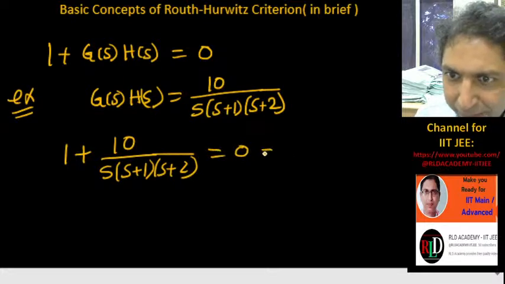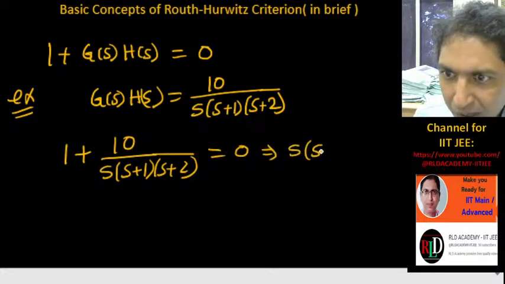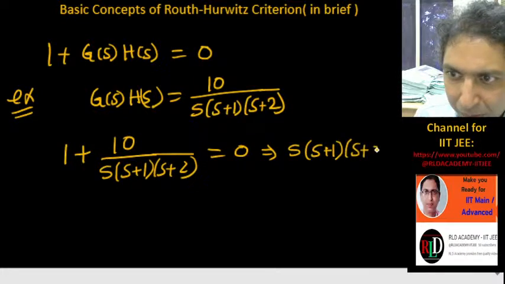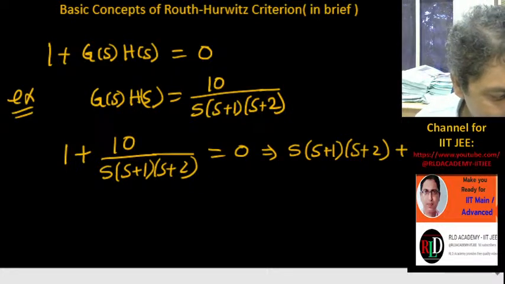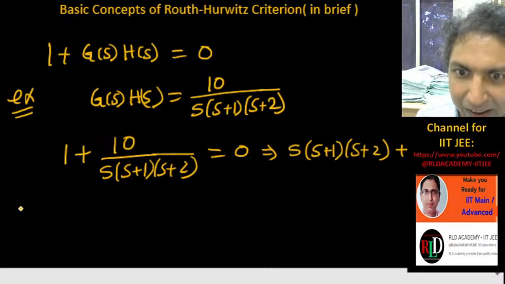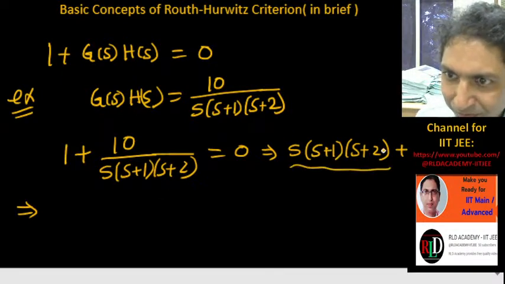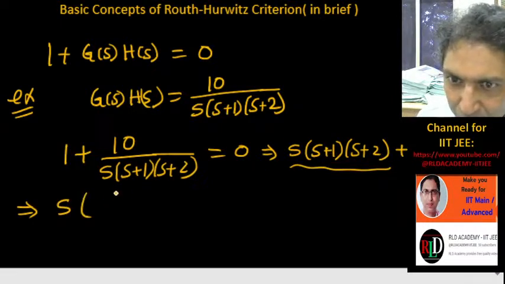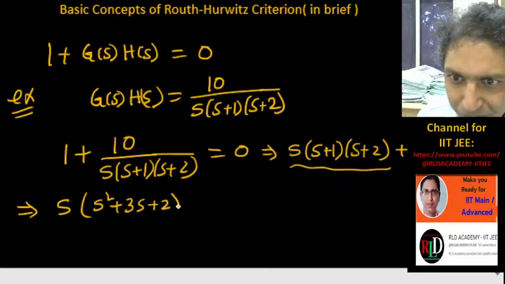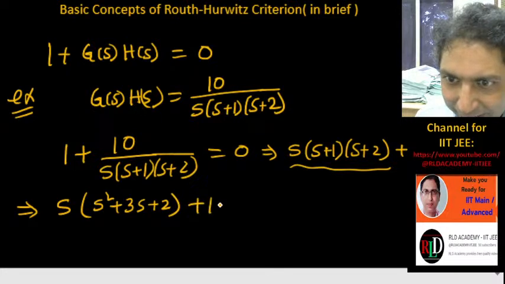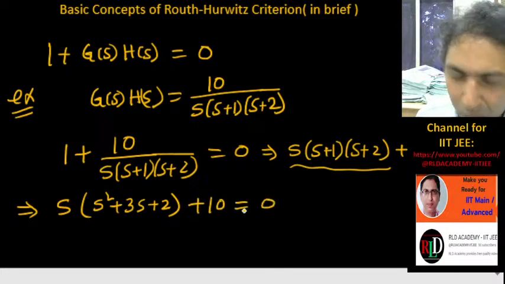So if we simplify it, what we will get? S into S plus 1 into S plus 2, plus 10, that is equal to 0. Right? So from here, first we will expand this term. S is there. First I will multiply the first two: S square plus 3S plus 2. Then I will add 10 and it will equal 0.